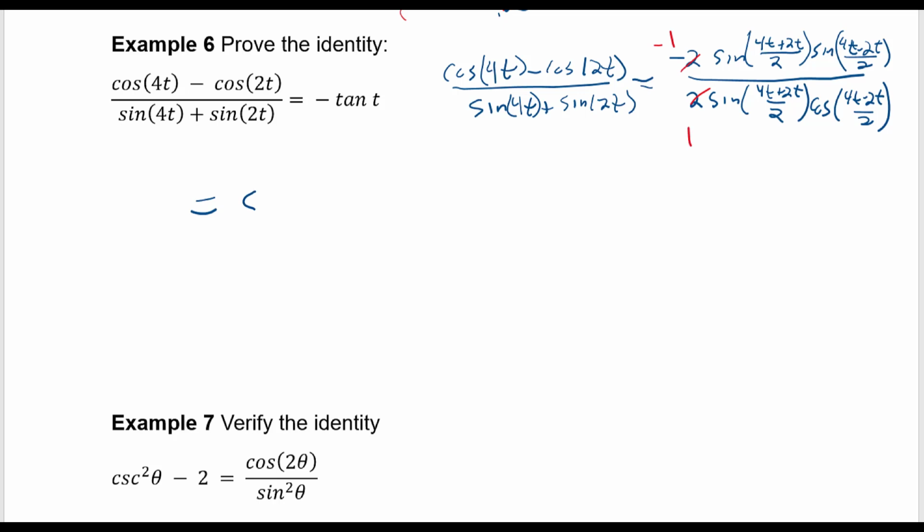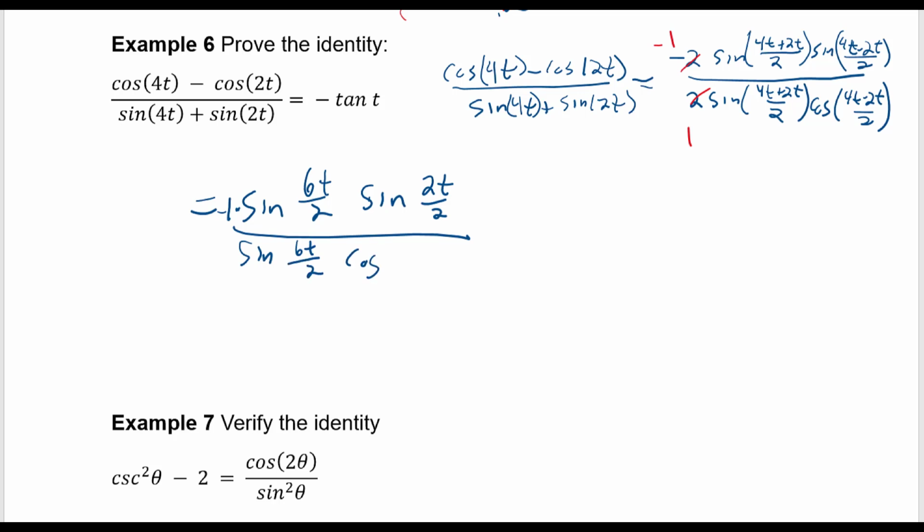And we'll have sine of 4 plus 2 is 6, so 6t over 2. It's another sine, sine of 2t over 2. I got that negative 1 here. Then we have sine of 6t over 2, cosine of 2t over 2.